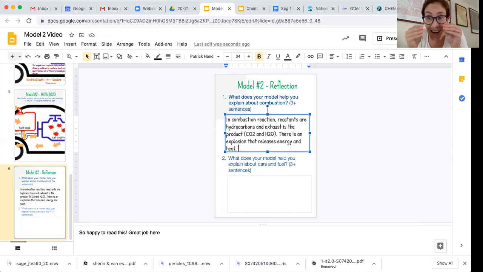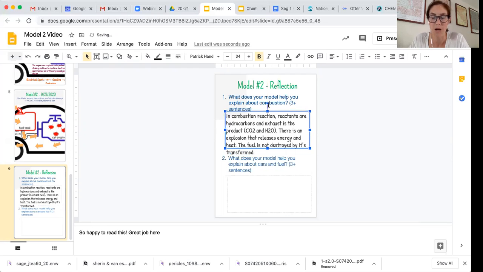It's a little tiny explosion, and it's contained in just that little flame. And then in a car, it's a much bigger one that moves the pistons forward. And then something else I learned is that the fuel is not destroyed, but it's transformed. So from these models, I learned about the law of conservation of matter and energy. So that's something really unique that I learned about combustion from these models.